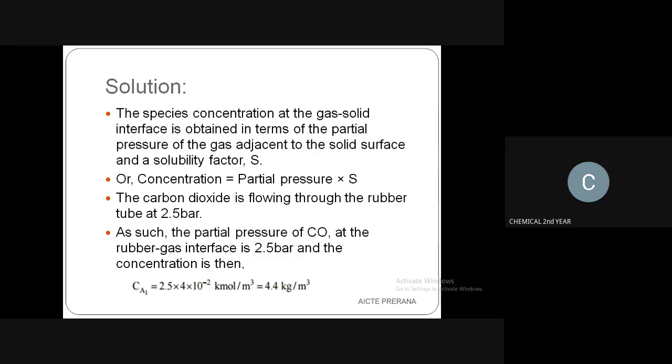The carbon dioxide is flowing through the rubber tube at 2.5 bar. As such, the partial pressure of carbon dioxide at the rubber gas interface is 2.5 bar.